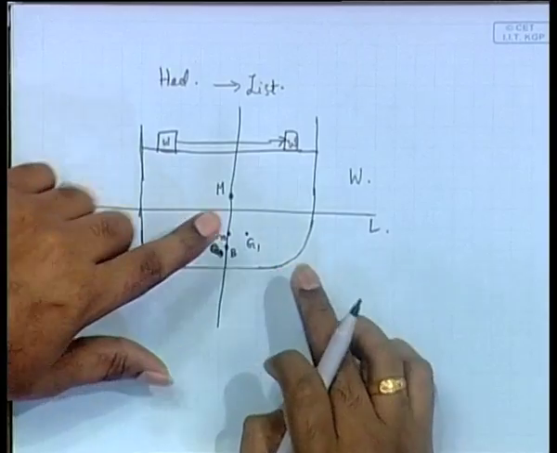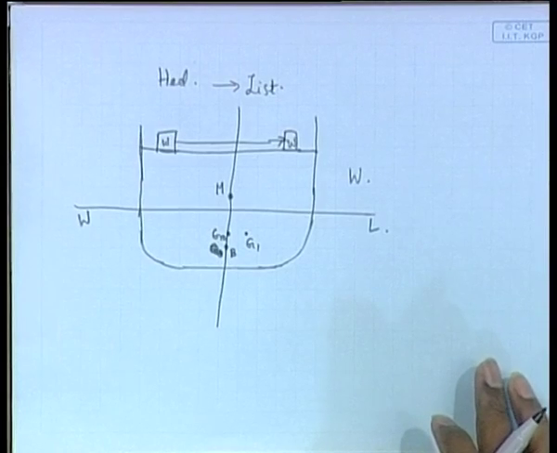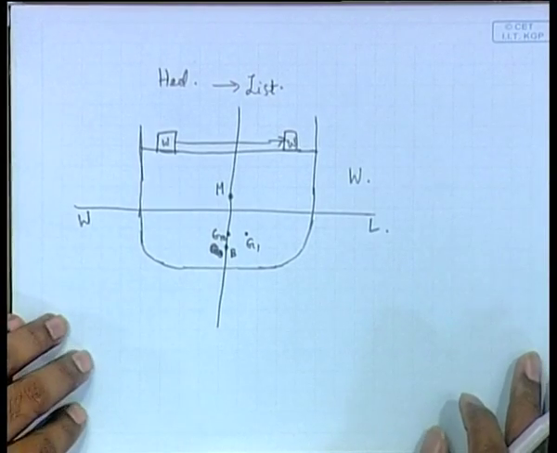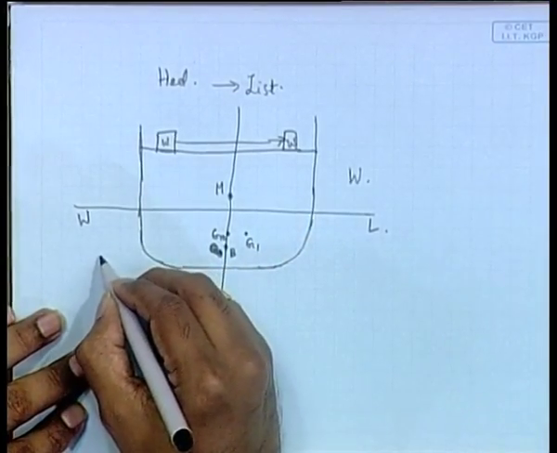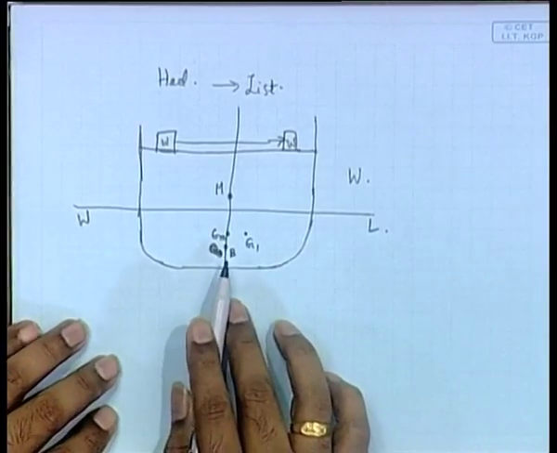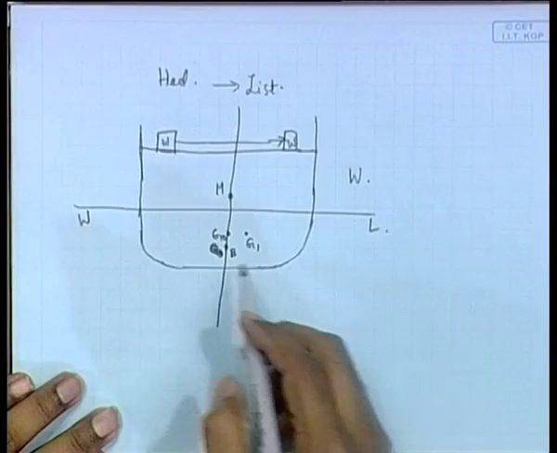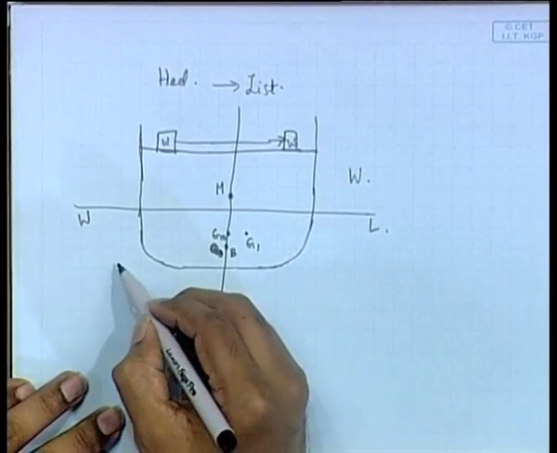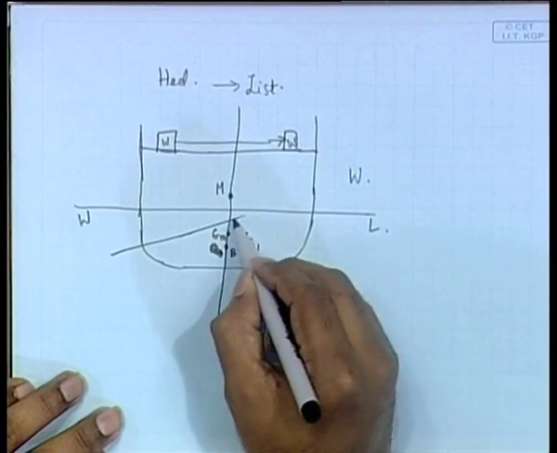Now, for this case let us derive some relations. What will happen if there is a shift of weight? The whole ship will actually incline, heel, that is listing. Let us say the body has heeled like this.